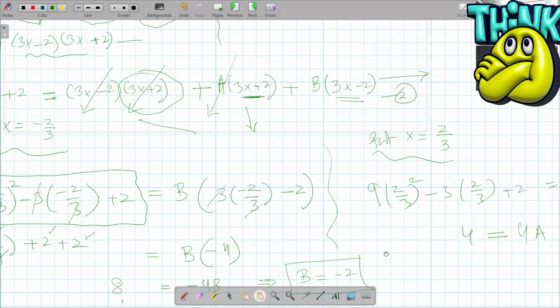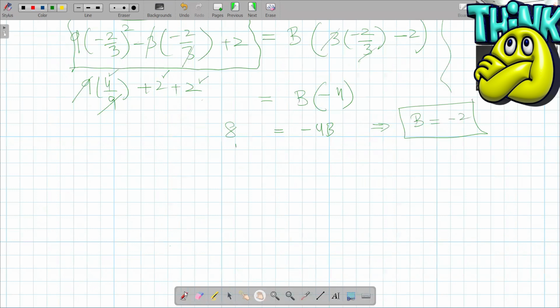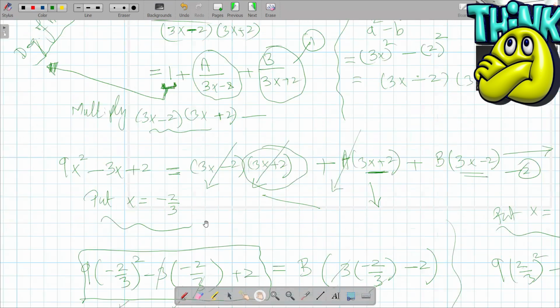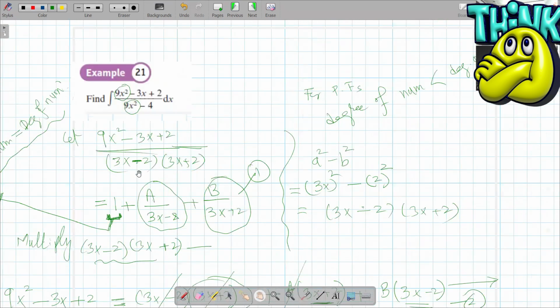A is 1, b is -2. So we will put everything in equation 1. Put a is 1 and b is -2 in equation 1. And equation 1 was our initial supposition, this equation.